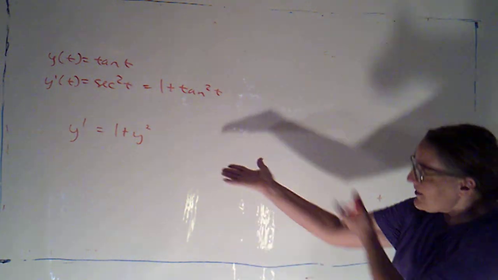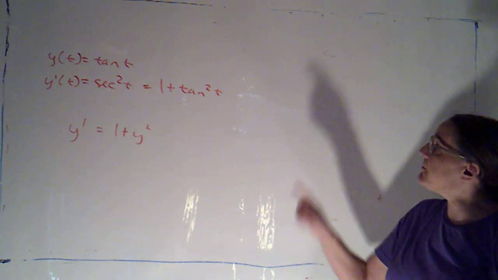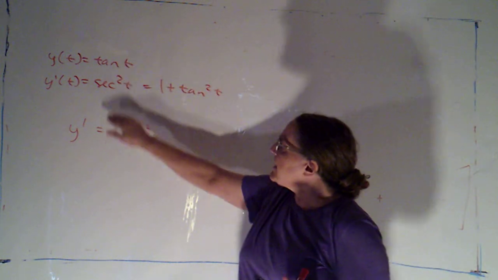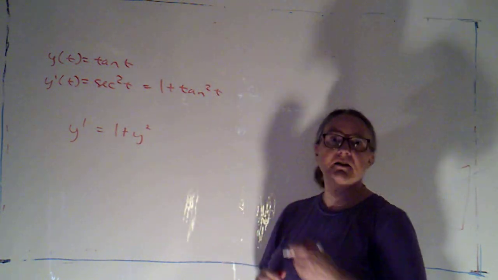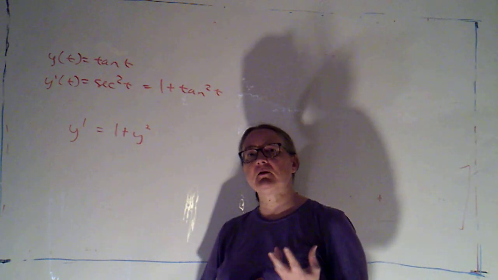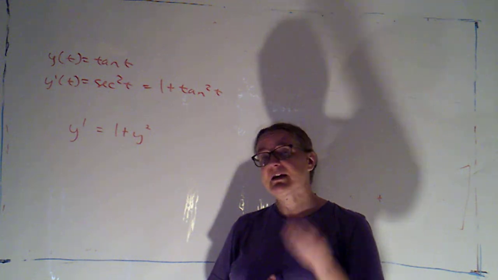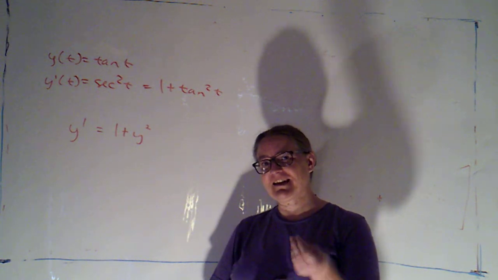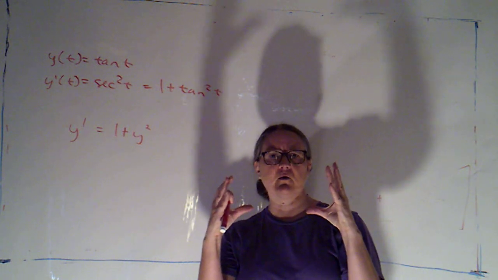Now, I could solve that by separation of variables and stuff like that. But if I solve by series, assuming I plug in the correct initial conditions, I can find a Maclaurin series for tangent, which is otherwise a royal pain to find, because the definition of Maclaurin series has those coefficients being the nth derivative divided by n factorial.